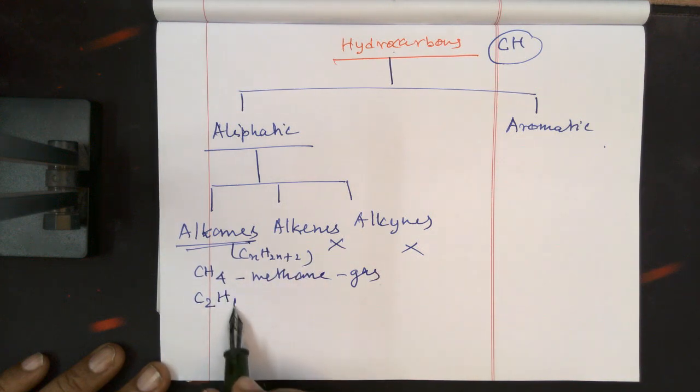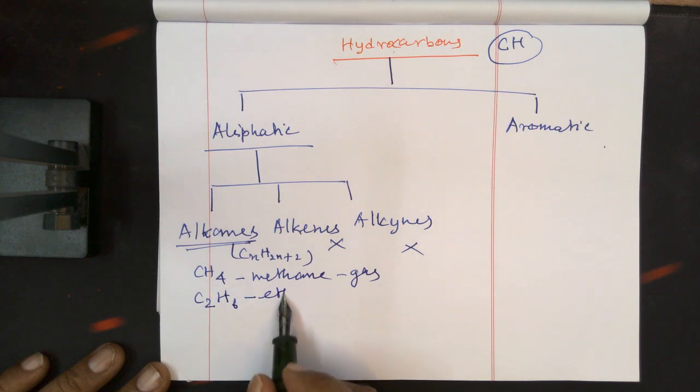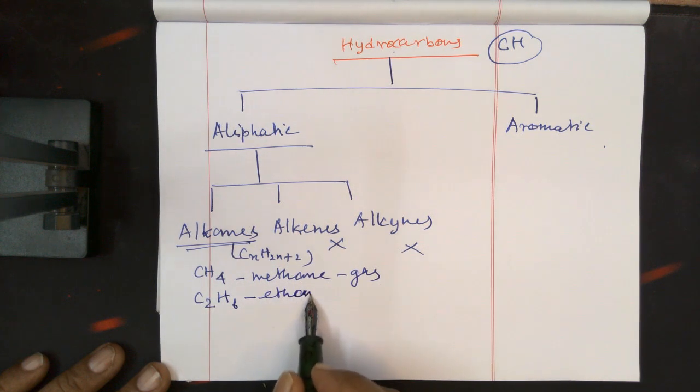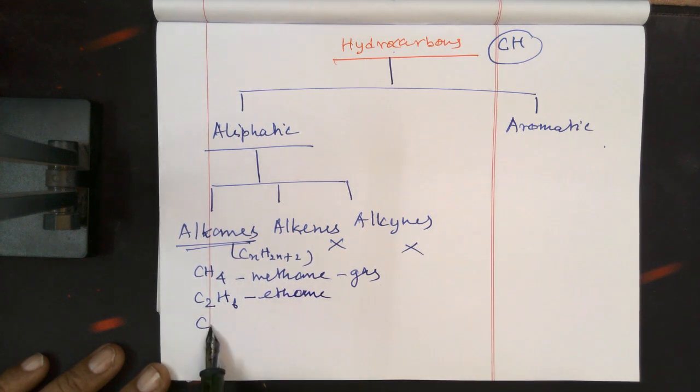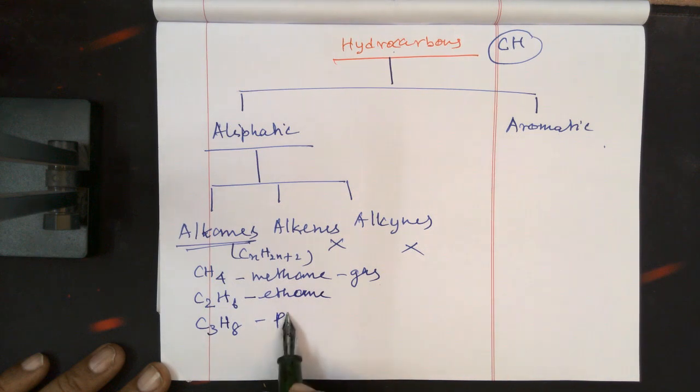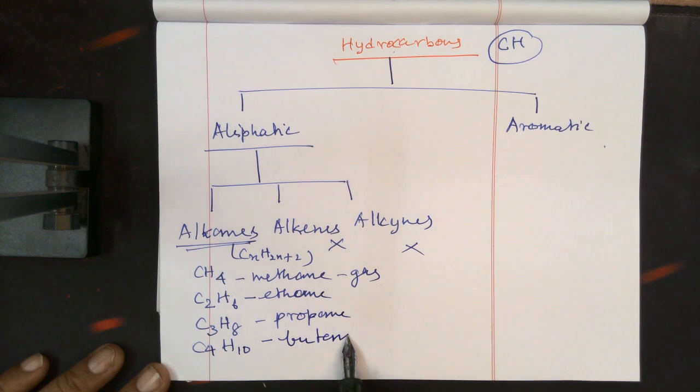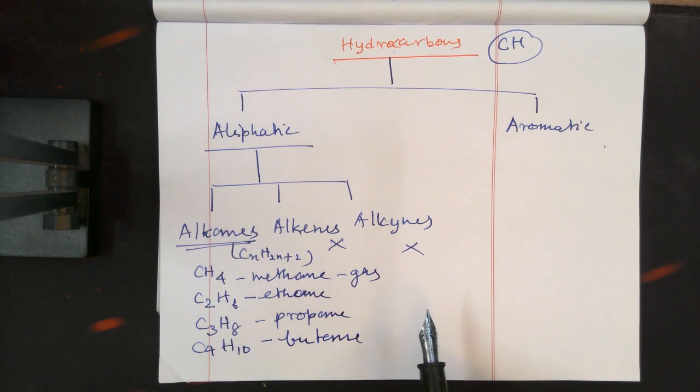So C2H6, this is ethane. And C3H8, 2 threes are 6 plus 2, 8. This is propane. C4H10, because 4 twos are 8 plus 2, 10. This is butane. Likewise, it goes.